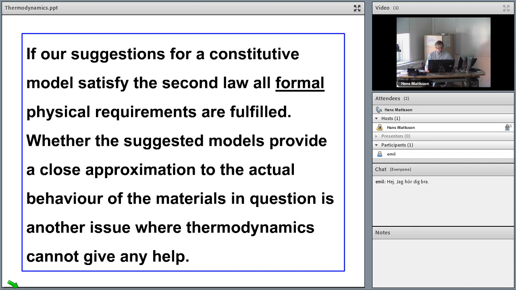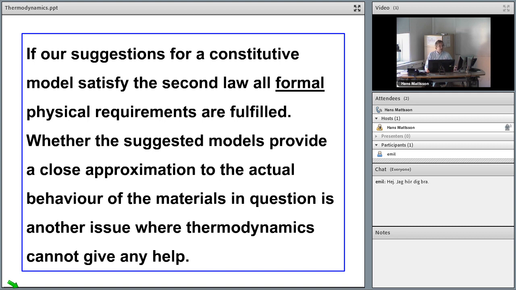Another kind of argument could be that, well, we understand that we are not modeling the exact behavior. We have just models of the physical world, and we make these constitutive models as good as possible to simulate real material behavior.